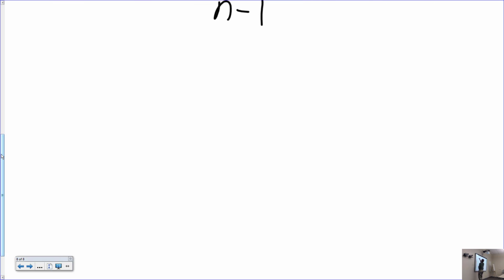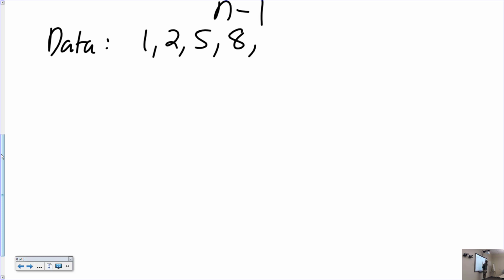All right, so the best way to do these sorts of things is just calculate, right? So here's my data. Let's suppose my data is 1, 2, 5, 8, and then 10. And I say compute the variance and the standard deviation for this data.